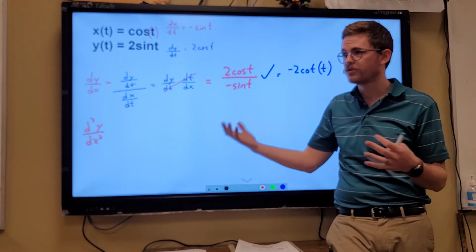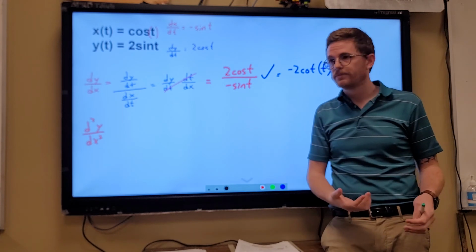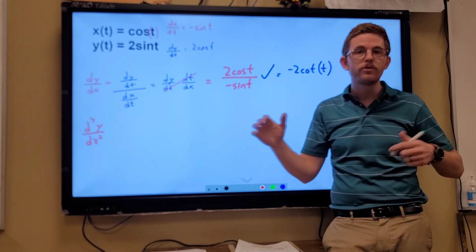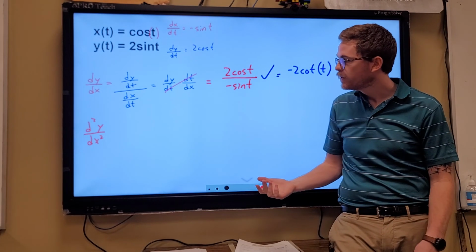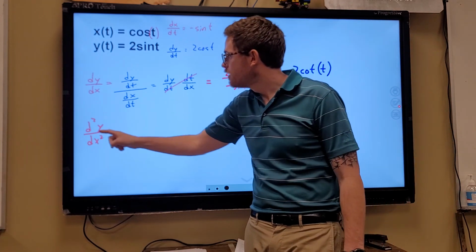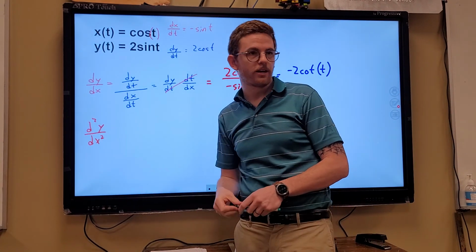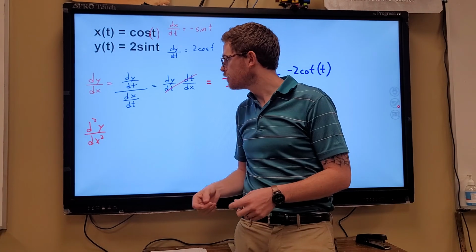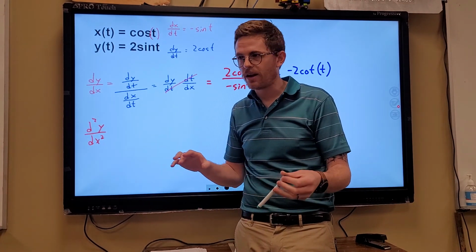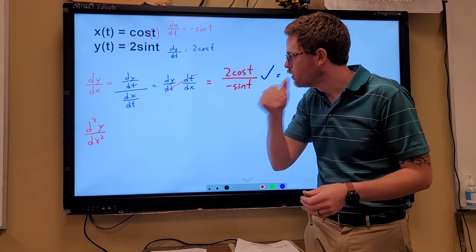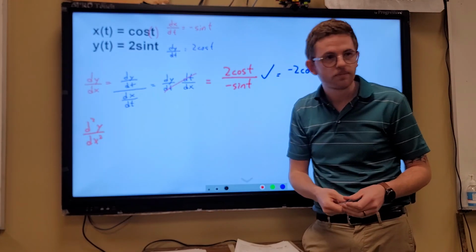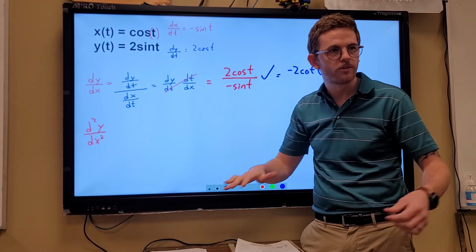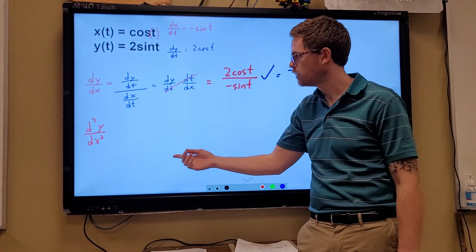Back from when we first started talking about second derivatives, we've seen a few different ways that we can notate them, and one of them was d squared y over dx squared. I've always tried to give a little description as to why this is, but I think this will help us even more so to understand what's going on.